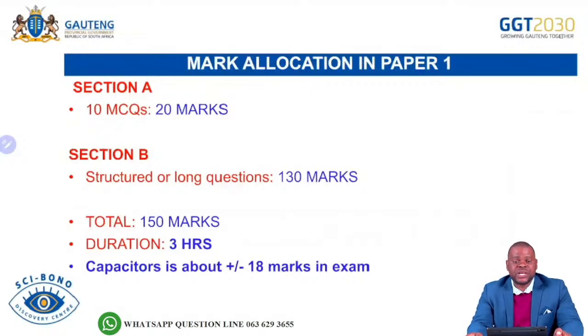The duration of the paper is 3 hours. That means after 3 hours, we stop you. You can't write anymore. Okay. And the topic that we'll be dealing with today, out of 150, takes plus minus 18 marks.